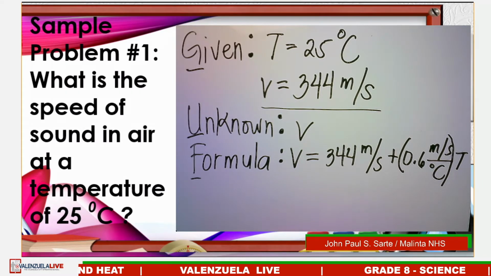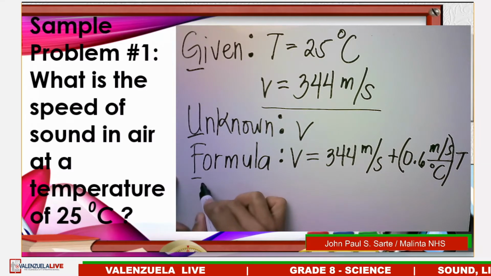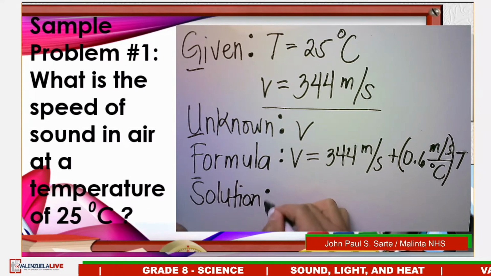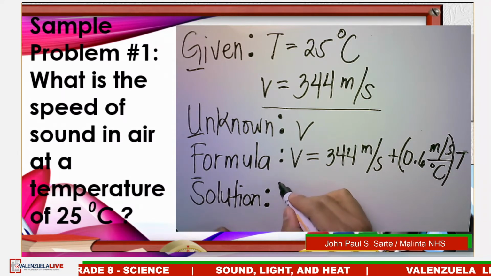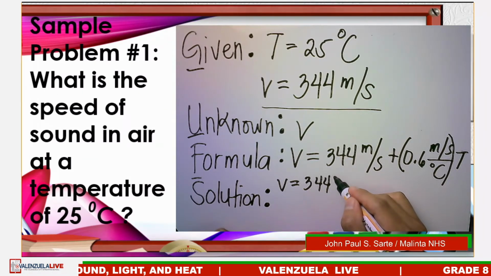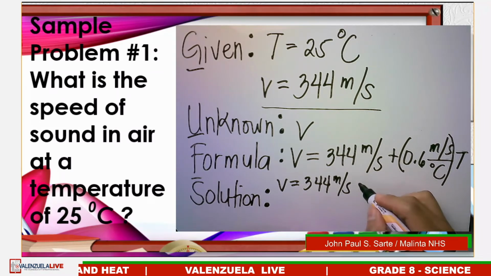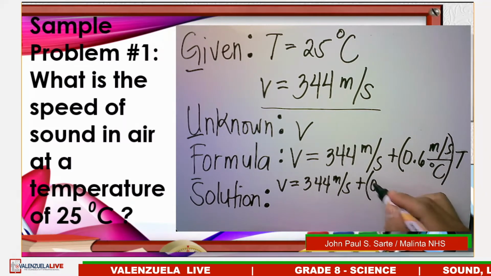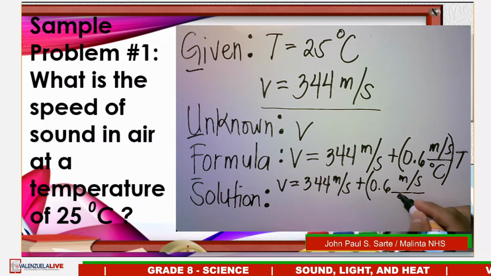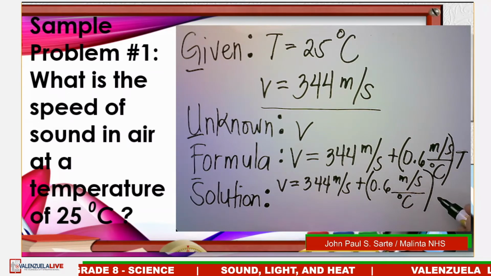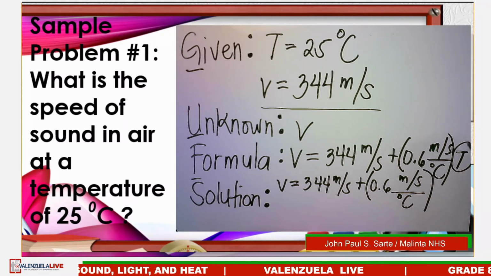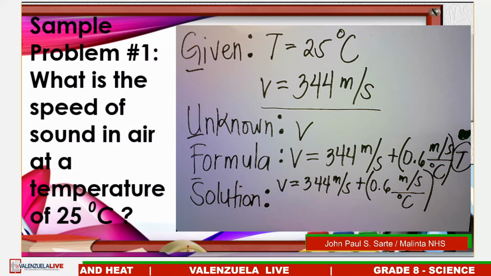Now, let us move on to solution. For solution, you need to get the formula, which is v, speed is equal to 344 meters per second added to 0.6 meters per second over degree Celsius multiplied by what should be the value of our temperature in the problem?